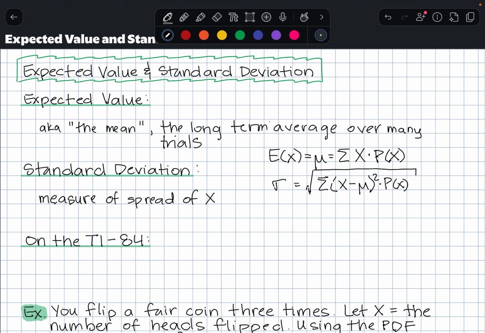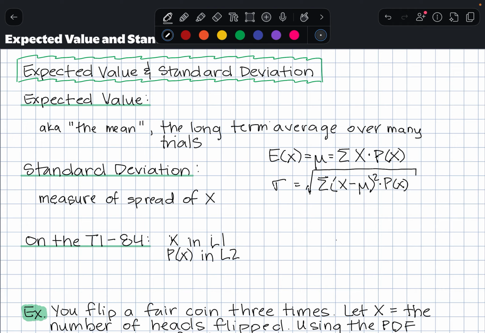These calculations aren't too terrible if you have a probability distribution function in table form, but they can get tedious very quickly. So on the TI-84, you're going to put your x values into list 1. You're going to put your p of x's in list 2.